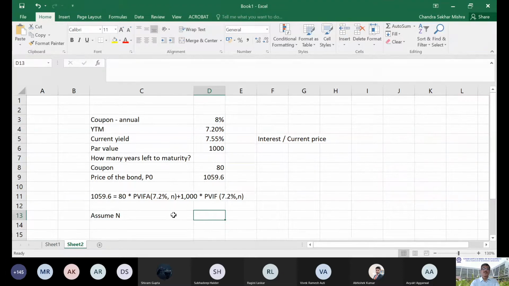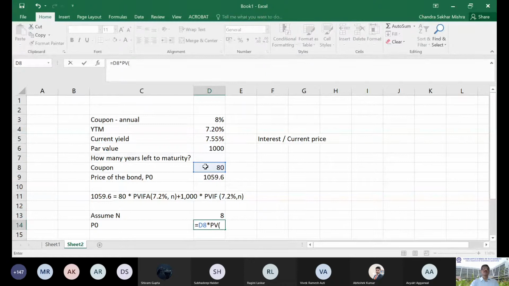So let's say I assume N as 8 years. So what will be my value then, P0? How do I do that? Coupon into PV. In Excel, I use PV. I'm showing the Excel also now. What is my rate?